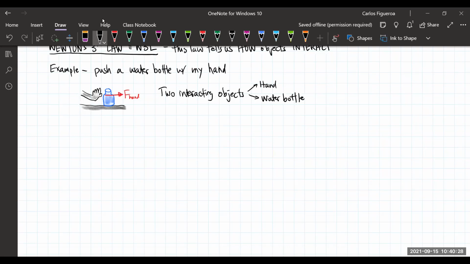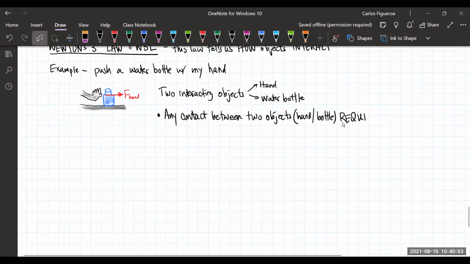What I mean by that, in this language, is that any contact between two objects, in this case my hand and the bottle, requires a single interaction.